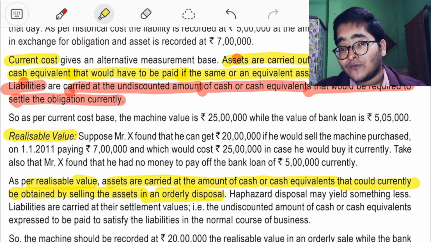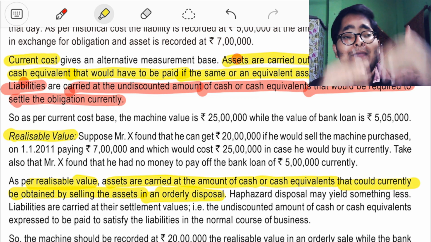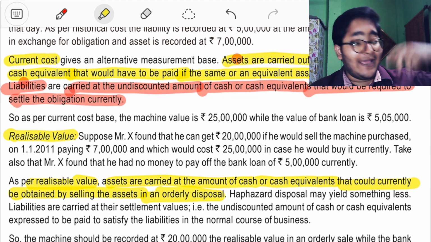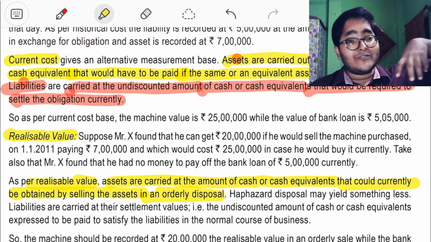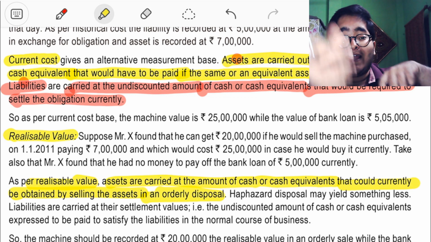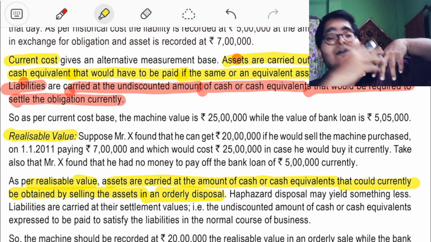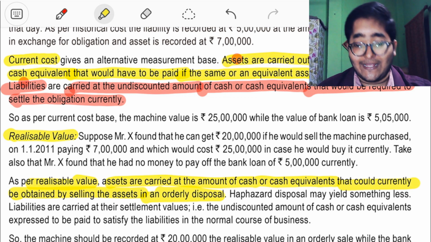ये orderly disposal क्या है? Orderly disposal है एक लाइन में या फिर एक क्रोनोलॉजी में या फिर डे टू डे बेसिस पे जो भी परचेज हुआ है वो ही सेल होगा. परचेज होने के बाद ही सेल हो सकता है ना, जब परचेज होगा तब सेल होगा. एक ऑर्डर बेसिस पे उसको ऑर्डरली डिस्पोजल कहते हैं.